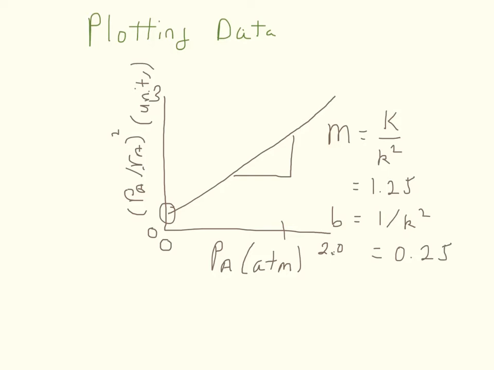So when you calculate, k, the rate constant, is then 2, and the large K turns out to be 5. The data do indeed plot as a straight line, which verifies that this is an equation that does fit the data.